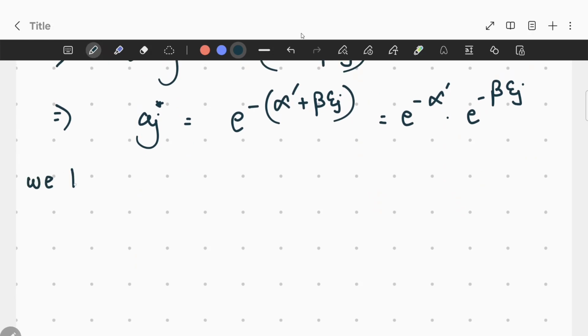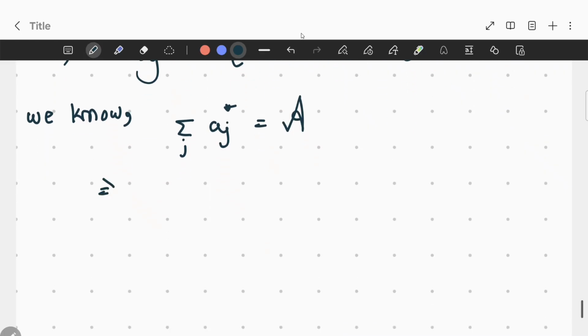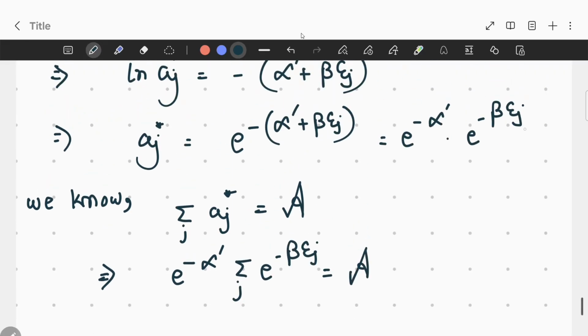We know that the sum over j of aj star is also capital A. It's true for any distribution, right? So it will be e to the power minus alpha prime, sum over j e to the power minus beta ej, equals capital A, because here the j term is there.